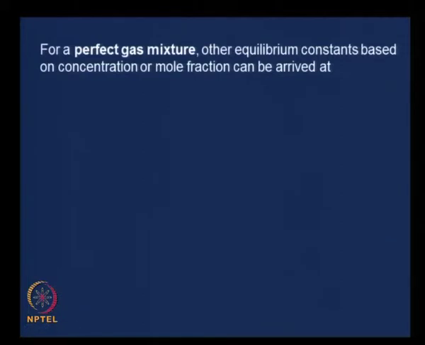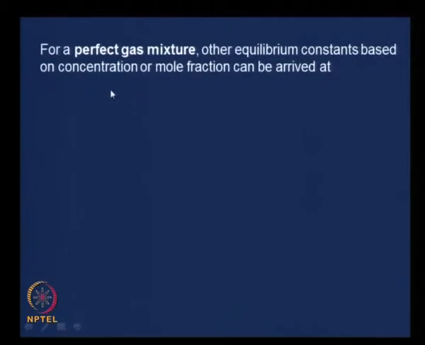Let us stay with the perfect gas mixture for a little while longer, and as you can recall, there are many other equilibrium constants. The earlier one was based on partial pressure. You could have an equilibrium constant based on concentration, based on mole fraction, and so on, and they can be arrived at as follows.